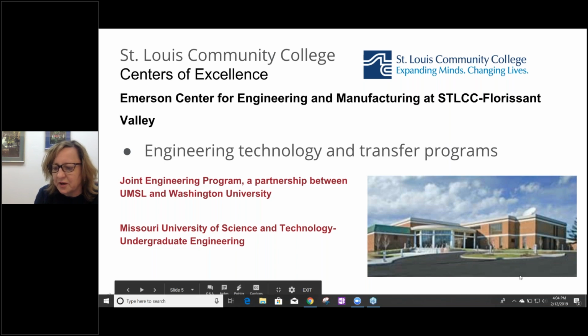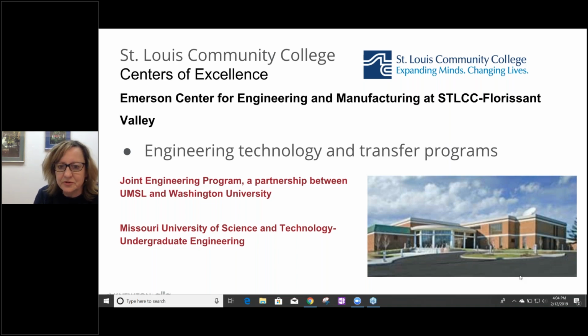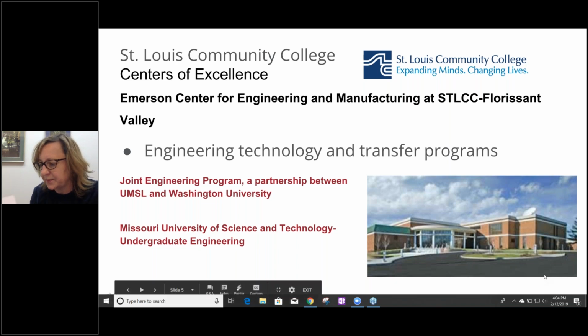For all of these students, a really solid foundation in calculus is critical to their success moving forward. So we are always looking for ways to really improve our calculus course as well as our math program.